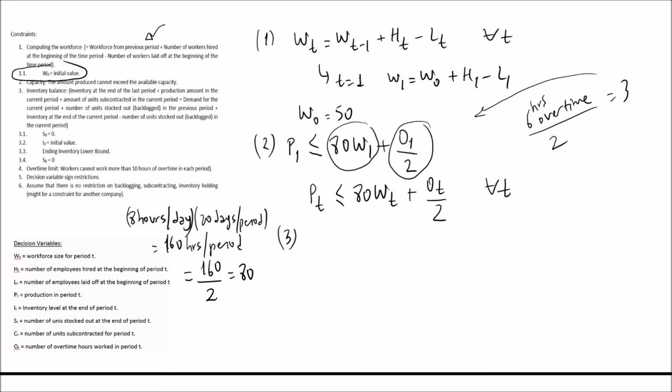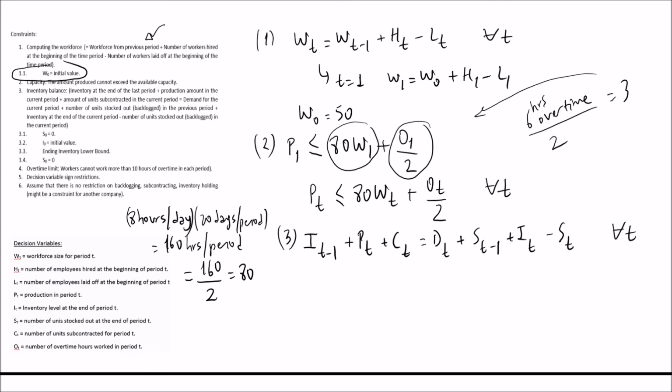So we need to balance the beginning inventory and the ending inventory. This is what we are doing in this constraint. So in general, for all t values: I(t-1) plus Pt plus Ct equals Dt plus S(t-1) plus It minus St for all t values.